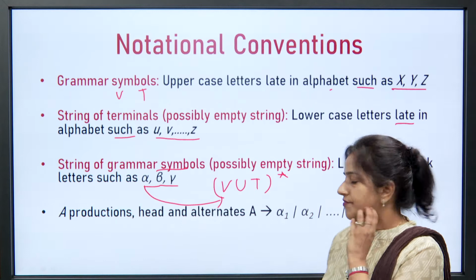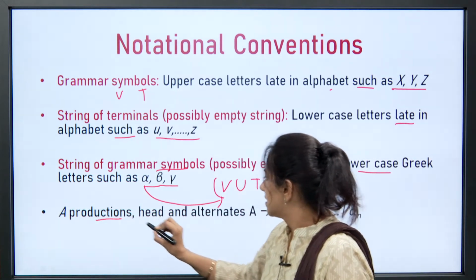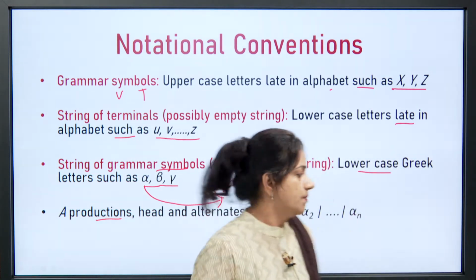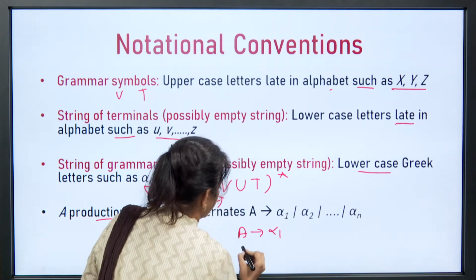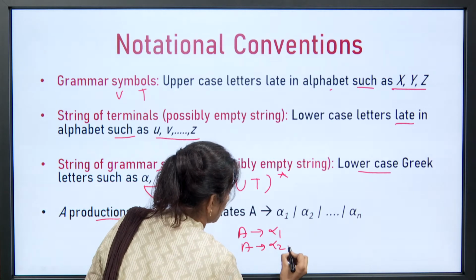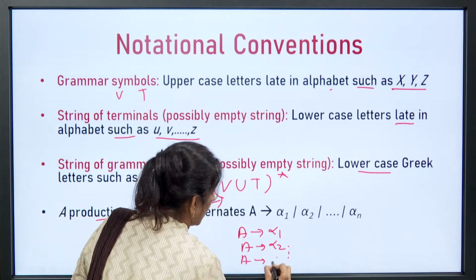Another notational convention is A productions, head and alternates. Suppose we have productions like A to alpha 1, A to alpha 2, up to A to alpha n.